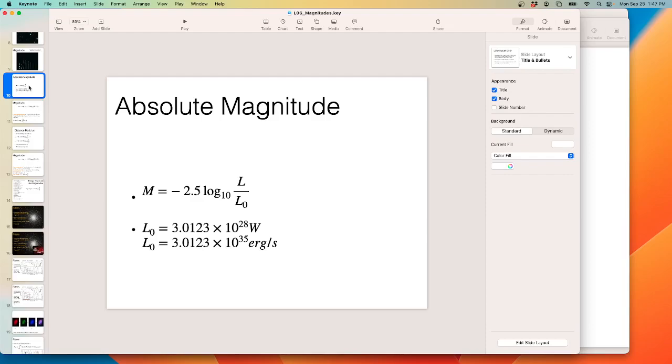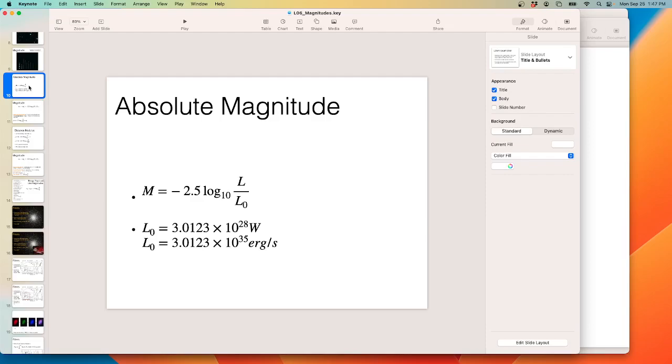It's the magnitude as though the star, or whatever, we'll just use stars for now because that's all we're going to deal with, were at 10 parsecs. Let me write it up here. M1 minus M2 equals minus 2.5 times the log base 10 of F1 over F2.